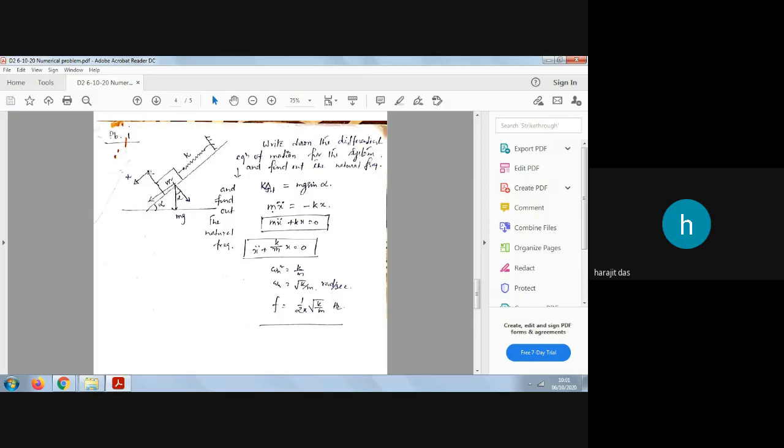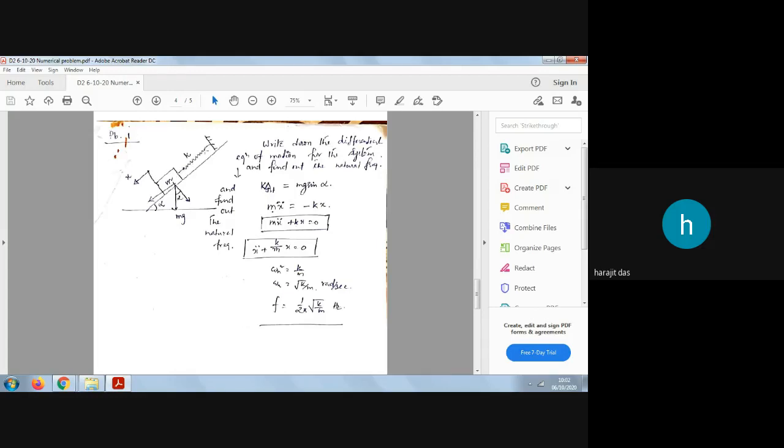Okay, so after that we will be giving this deflection, x. In that condition, the summation of external force will be equal to m x double dot. That will give you the equation of motion, which is the basis of Newton's second law of motion. So in this system, if you apply Newton's second law of motion, the only external force will be kx.